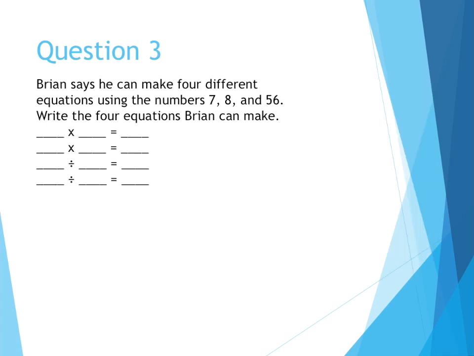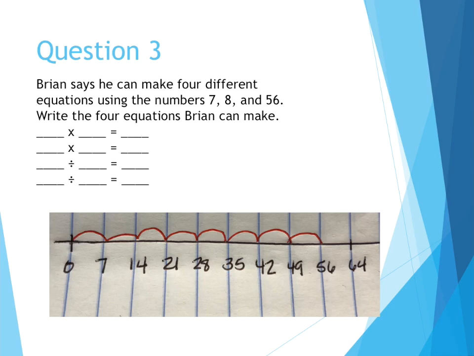Okay, so question 3. Brian says that he can make 4 different equations using the numbers 7, 8, and 56. Write the 4 equations Brian can make. So I'm going to check to see if Brian's work is correct. If you're really comfortable with your 7s, you could skip count by your 7s. You could skip count by your 8s.